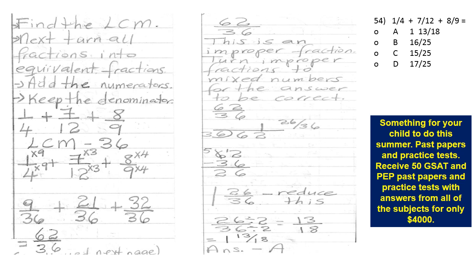How do you turn an improper fraction into a mixed number? You divide the numerator by the denominator. So 62 divided by 36. 36 into 62 goes one time, remain 26. 26 is the remainder.